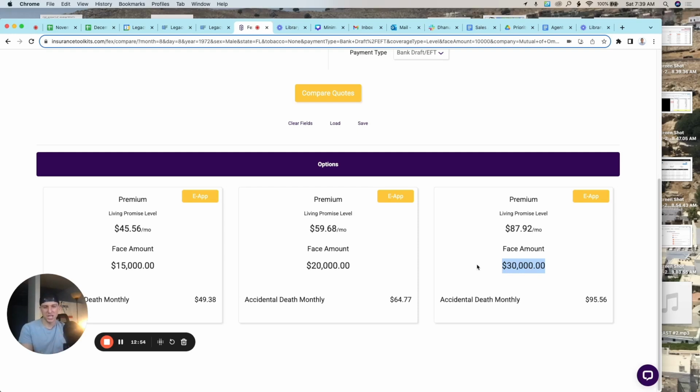It might be more than you actually need. But that $30,000 option here, if you can get approved, would be $87.92. Okay. Now, for you here, Mr. Johnny, out of those 3 options, do you feel that the $15,000 or the $20,000 option would give you the most peace of mind?